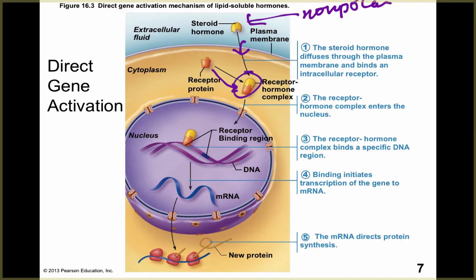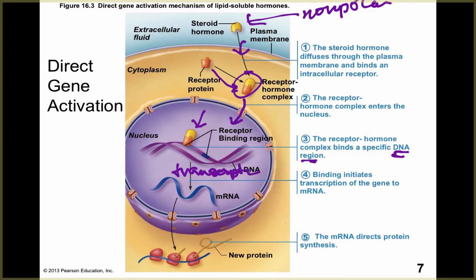Once this complex comes together, it can easily go through that pore in the nucleus. It's called the nuclear membrane, right? And then once it gets in here, this receptor hormone complex will bind the actual DNA region. That is going to initiate transcription.